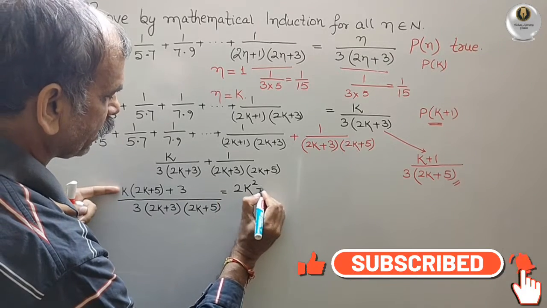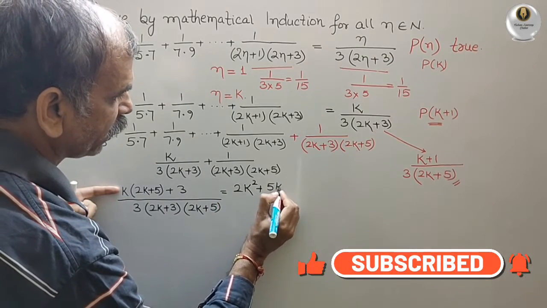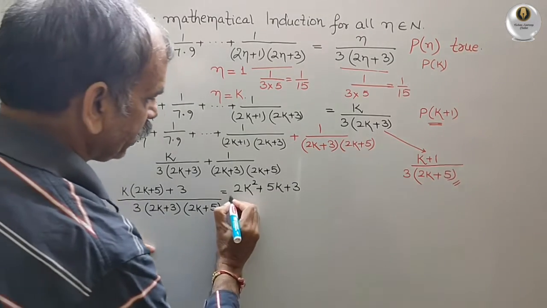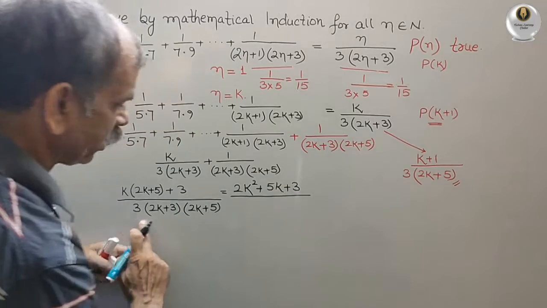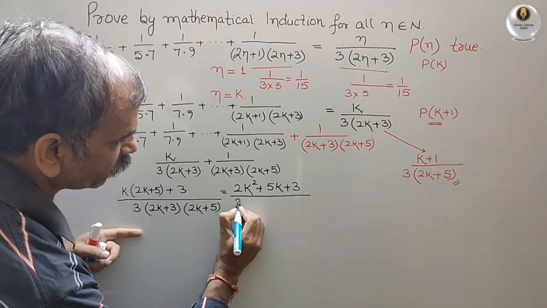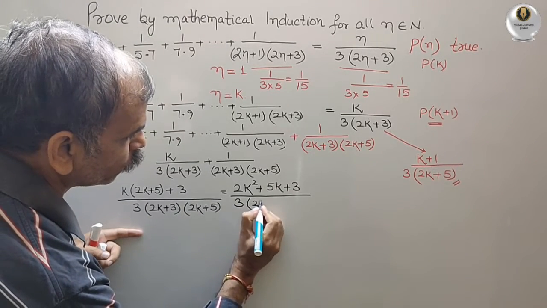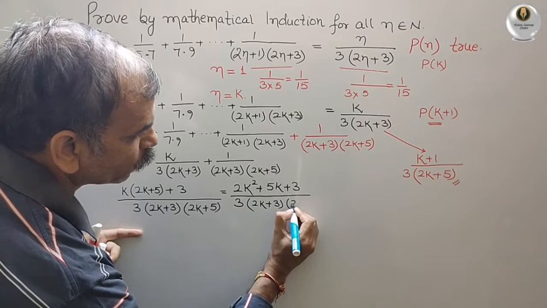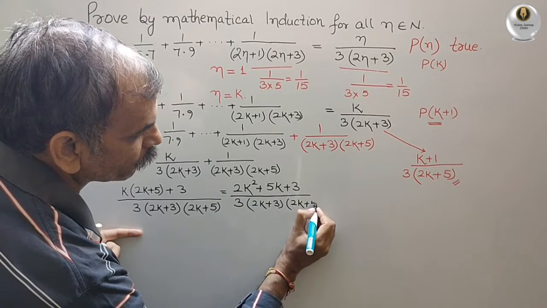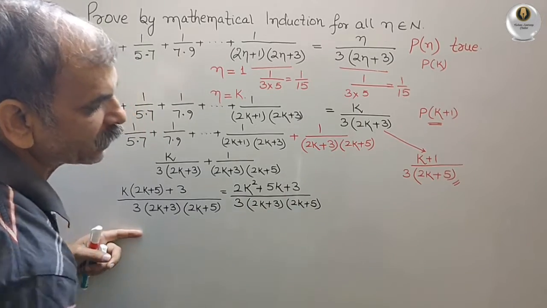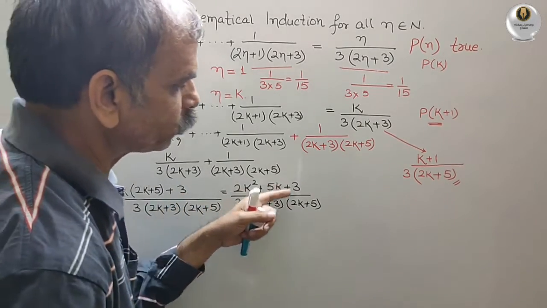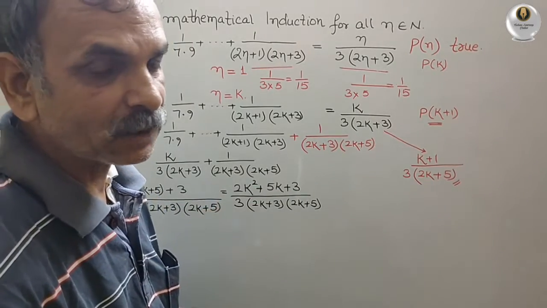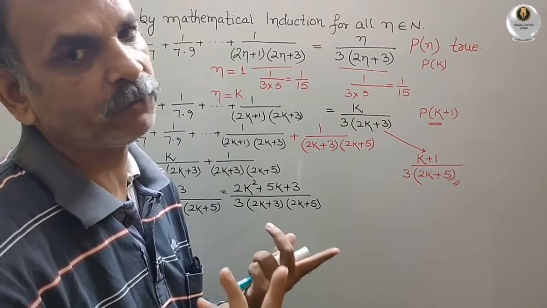This is equal to, now solve this, you will get 2k square plus 5k plus 3 by 3 into (2k plus 3) into (2k plus 5). Now split this. So here 2 into 3 is 6, and the middle term is 5, that means 2 plus 3 is 5 also.